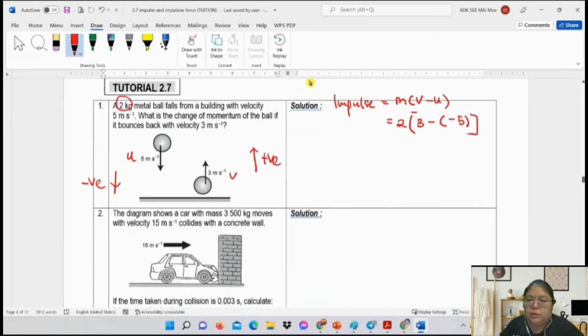So the 3 becomes plus because minus and minus become plus. So 2 times (3 plus 5). Then the final answer is 16. The unit for impulse is kg m s negative 1, or you can write Newton second also.